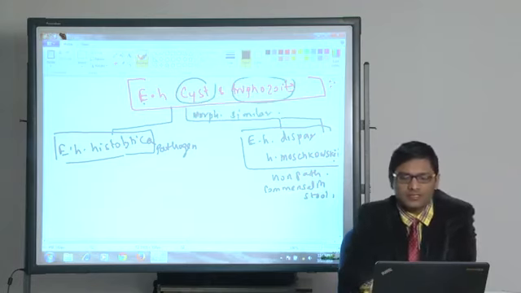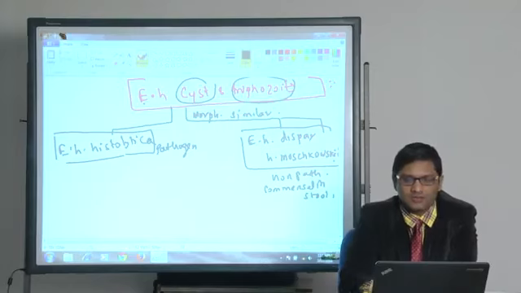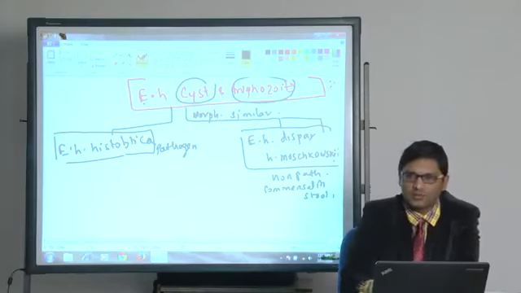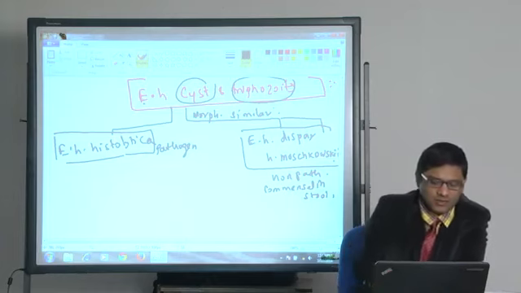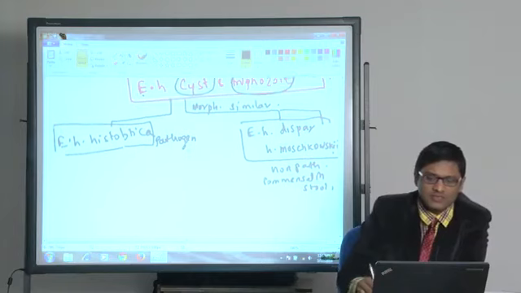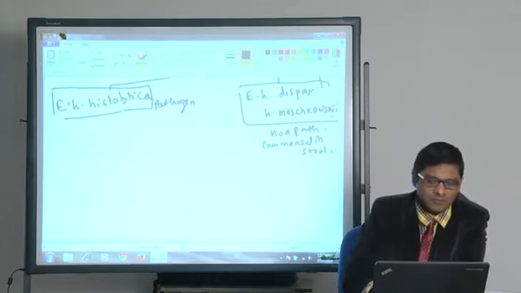You cannot differentiate the cyst and trophozoite of histolytica histolytica from that of dispar and moskowski. Hence, the best way to differentiate these 3 subspecies is by doing a PCR.